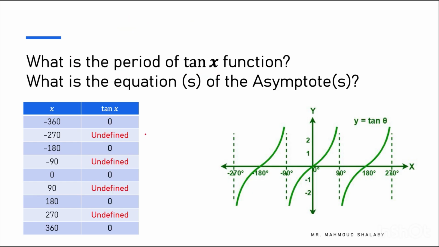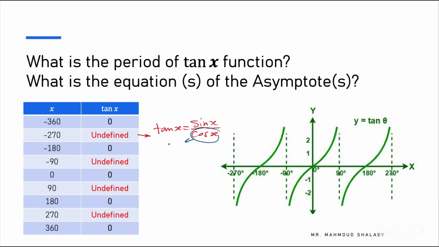Remember, Shabab, if the function is undefined, first of all, why would it be undefined here? Remember, Shabab, tan x equals what? Equals sine x over cosine x, which means the function will be undefined when the denominator gives you 0.